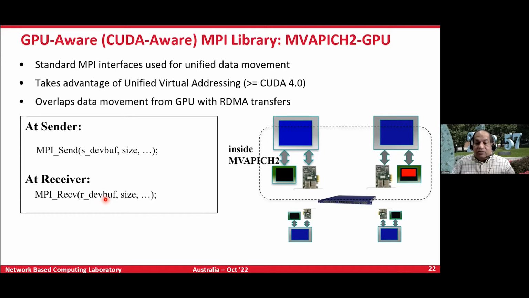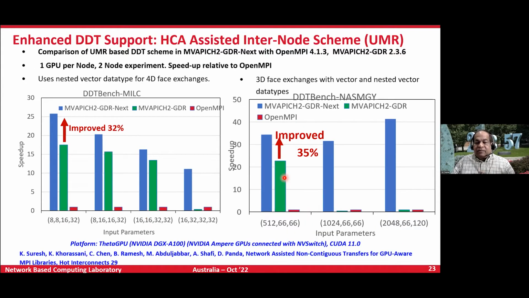Here we worked with NVIDIA and Mellanox at that time. There was a GPUDirect RDMA design, GDRCopy. We have incorporated all those things into our library. And these days, on modern platforms, we can send data from one GPU to the other GPU in 1.8 microseconds using all these concepts, and that leads to very high performance and productivity.